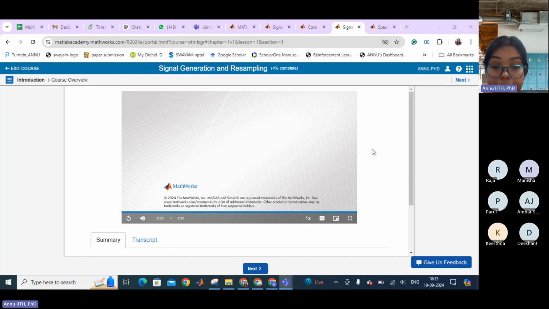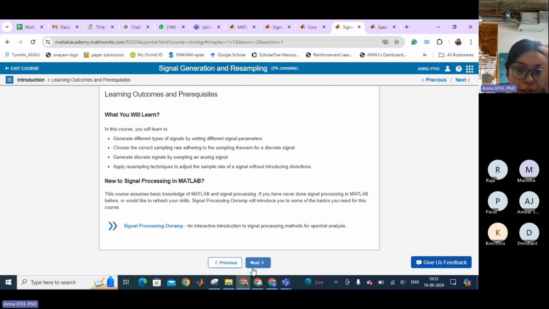I was just telling, in between, the screen share stopped. What I was telling is that we can have different types of signals and signal generation. We will see how to generate the signals so that you will understand what type of signals will be required.